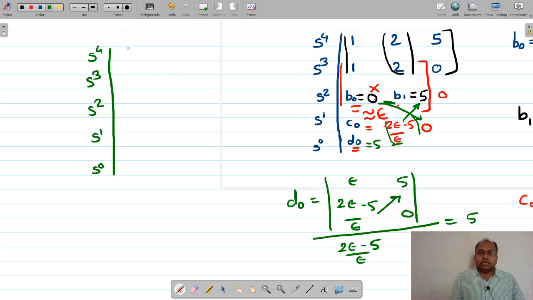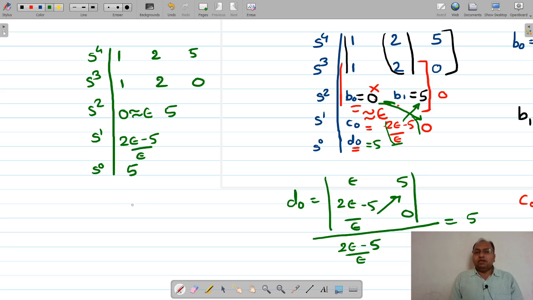So 1, 2, 5, then it is 1, 2, 0, then this is 0 and that we have replaced as epsilon. Then it is 5, then 2 epsilon minus 5 divided by epsilon, and this is finally my 5.